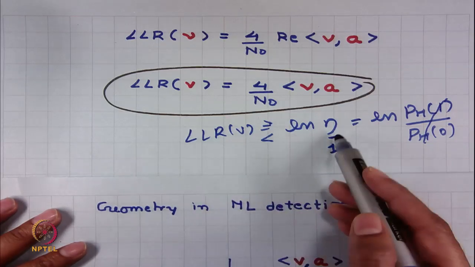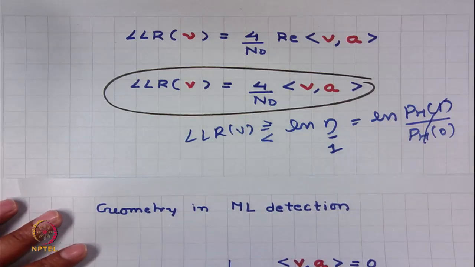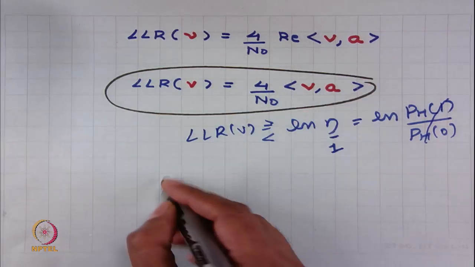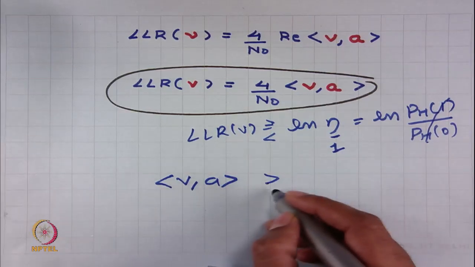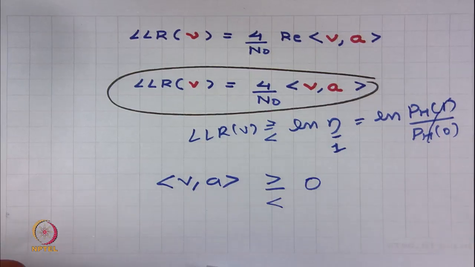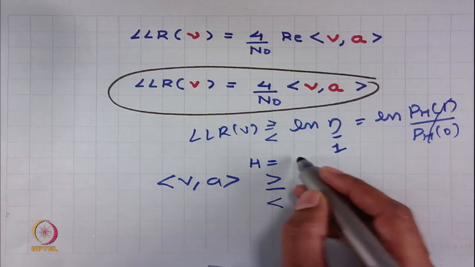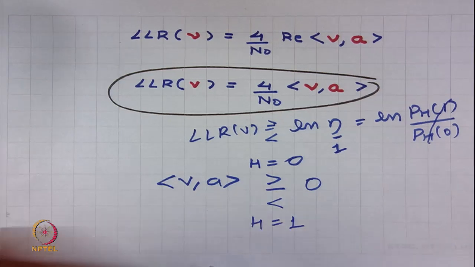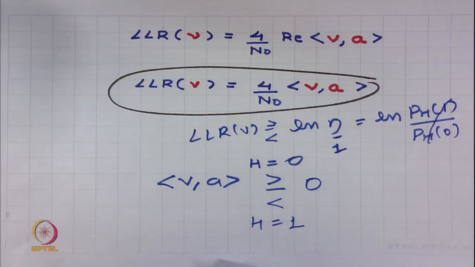So, basically when priors are equal you have to compare this log likelihood ratio with 0. In case of real vectors you simply have to ask the question whether the inner product of V with A is greater than 0 or less than 0. If it is greater than 0 you decide for the hypothesis as 0, and if it is less than 0 you decide for the hypothesis as 1. So, in case of ML your threshold is just 0, all right.